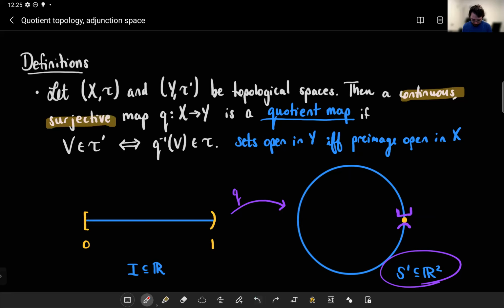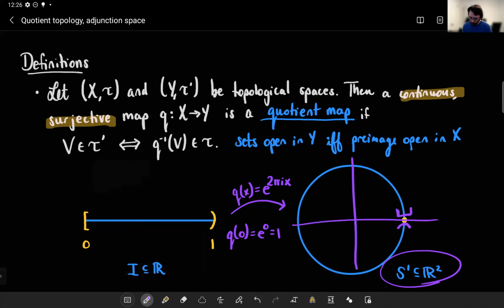And by this point, you're probably thinking, okay, what is this map? Well, you can actually define it if you want to. So given a point X in this interval, this map can be written as e to the 2 pi i times X. Then Q of 0 is e to the 0, which is 1.